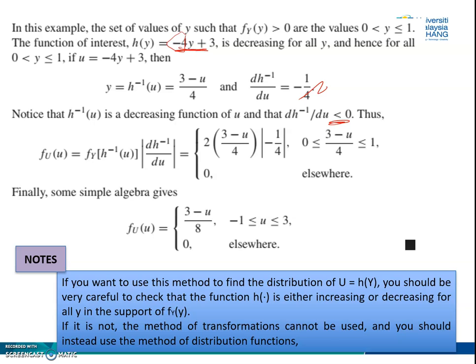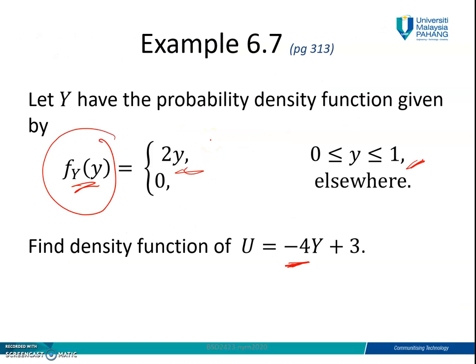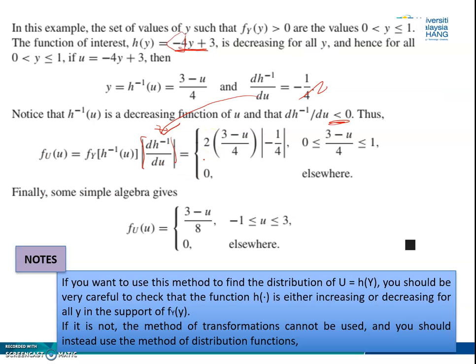Thus, in order for you to get the density function of U, you will have the absolute value of the derivative of the inverse function. So basically you will have 2 because we have the density function here 2y. So 2, y is given by 3 minus u over 4, then times the positive value of this one, which is 1 over 4.